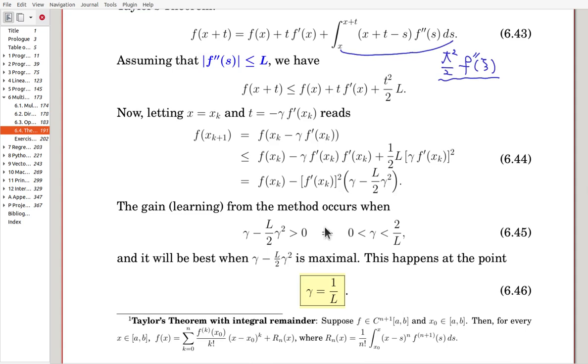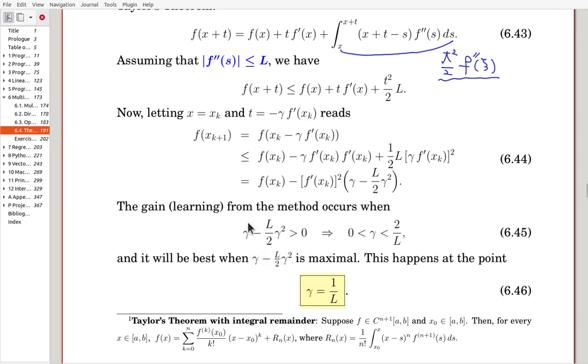Now the goal is that if this portion is positive, then this will be strictly smaller than this value. Once the derivative is non-zero, then if this term is positive, it can happen.